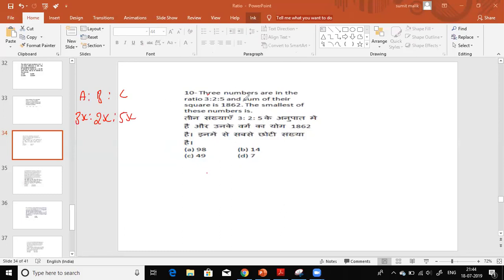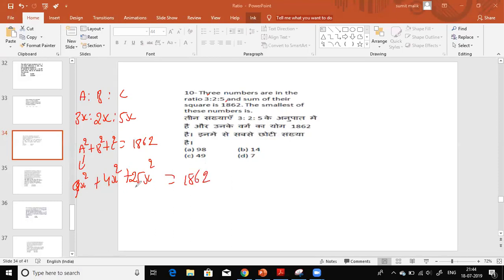Now what is it saying? The sum of their squares is equal to 1862. So A square is equal to 9x square, plus B square is equal to 4x square, plus C square is equal to 25x square. And this is equal to 1862.